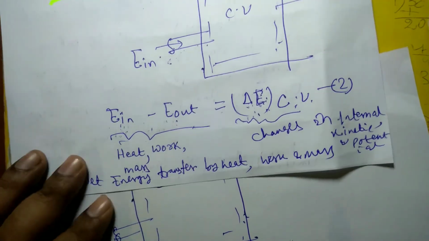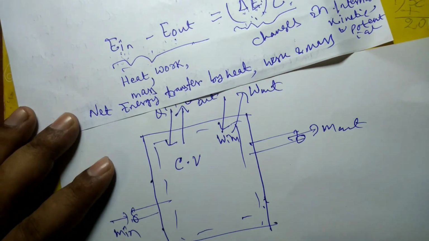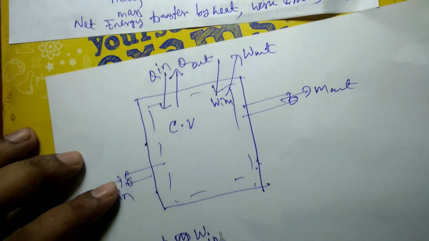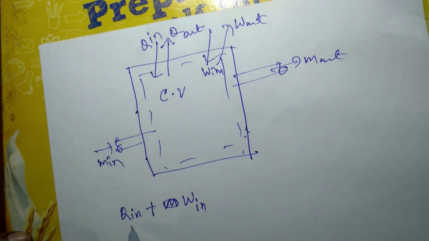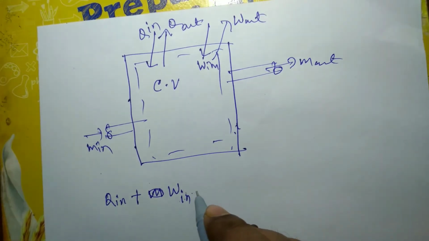E in मतलब जितना energy enter कर रहा है totally, whatever energy enters into control volume, we will take that into account. Maybe there may be Q in and there may be W in. W in मतलब conventionally हमको negative sign में put करना पड़ेगा.